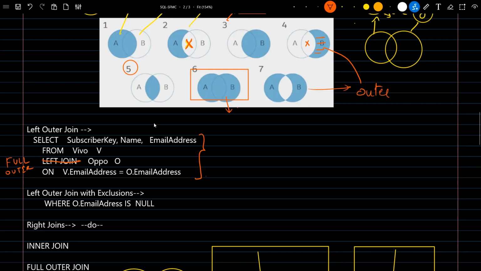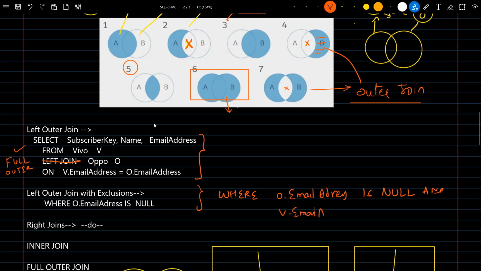There is no keyword like outer join. So here also we will write full outer join, but here there is an exclusion. So what will we do? We will write a where condition: where O dot email address is null and V dot email address is null.